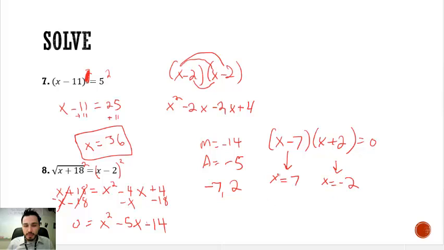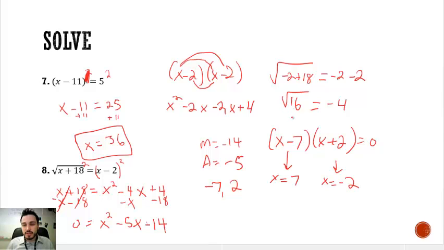If I plug negative 2 back into the original problem, then I would have square root of negative 2 plus 18 is equal to negative 2 minus 2. Again, I just took negative 2 here and I plugged it into both of these x's. That's all I did. Now I'm going to simplify that. Negative 2 plus 18 is 16. Negative 2 minus 2 is negative 4.